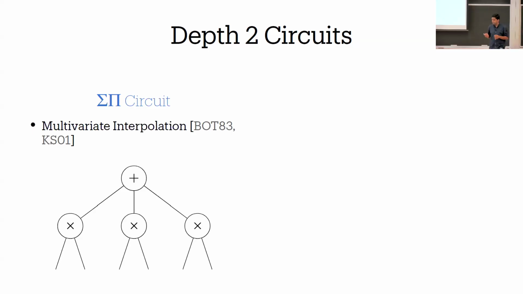If you look at depth 1 circuits, this problem is kind of trivial. It's a single gate, and it's just figuring out the coefficients. But as soon as you move to depth 2 circuits, the problem is no longer trivial. For example, if the input circuit is a pi sigma circuit, which basically means you have a top addition gate and a bunch of multiplication gates, each multiplication gate is computing a monomial.